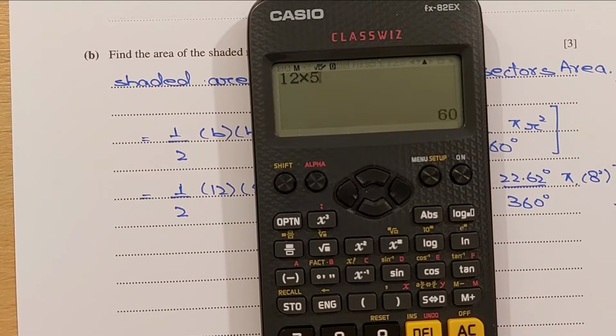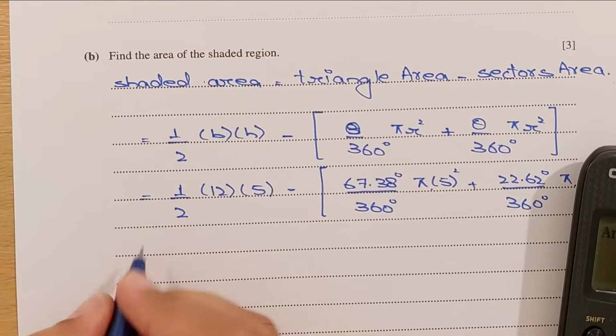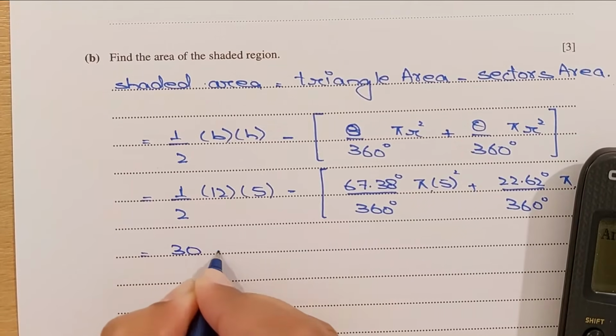12 times 5 divided by 2, this is 30, minus.